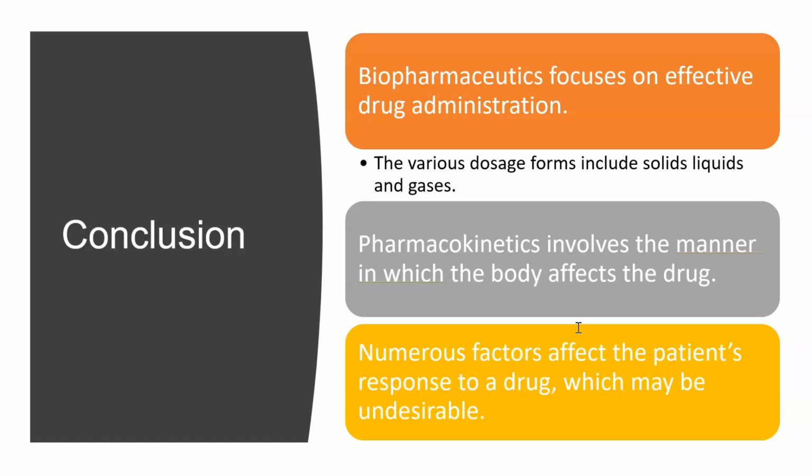All right, so conclusion. Biopharmaceutics focuses on effective drug administration. The various dosage forms include solids, liquids, and gases. Pharmacokinetics involves the manner in which the body affects the drug, and numerous factors affect the patient's response to the drug, which may be undesirable.